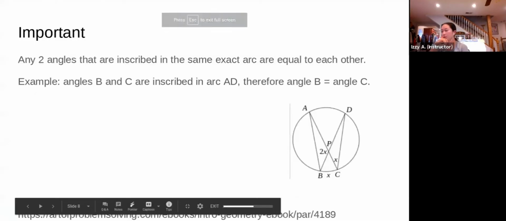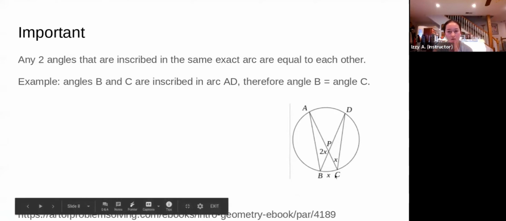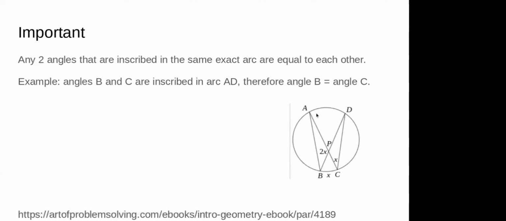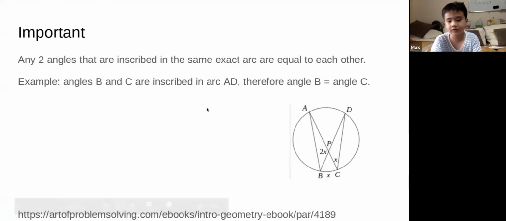So this is more important information. Any 2 angles that are inscribed in the same exact arc are equal to each other. So for example, angles B and C are inscribed in arc AD because you can see that 2 of their... Okay, so let me just get this straight.